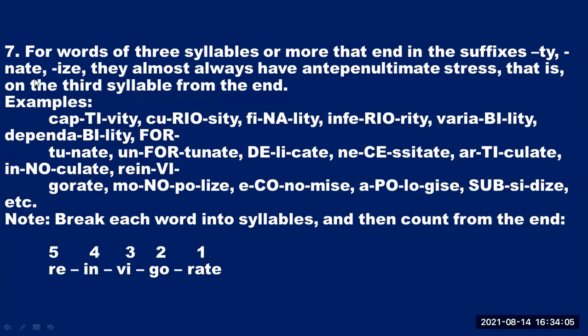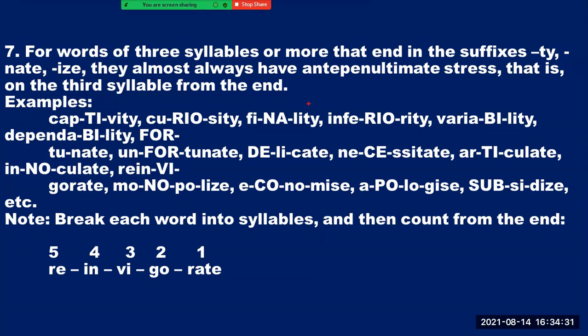All right, so rule number 7: words of 3 syllables or more that end in the suffixes ty, nate, ize almost always have anti-penultimate stress, that is on the 3rd syllable from the end of the word. You may not bother yourself with this term anti-penultimate.